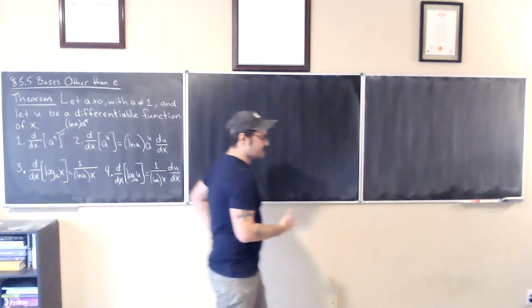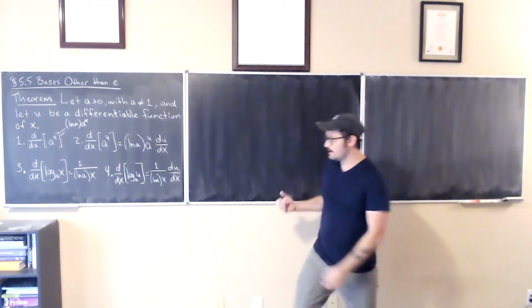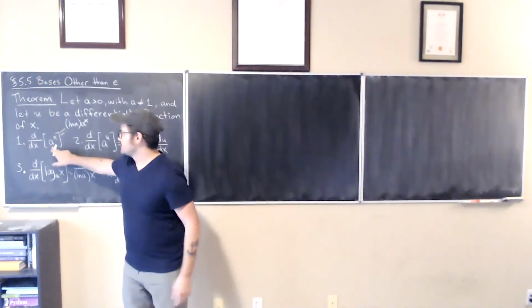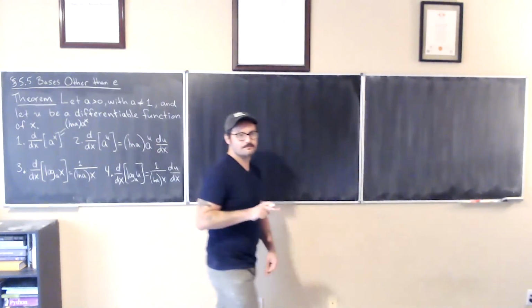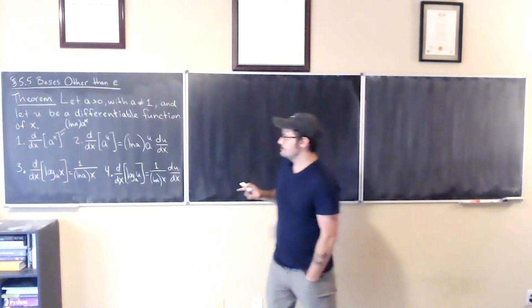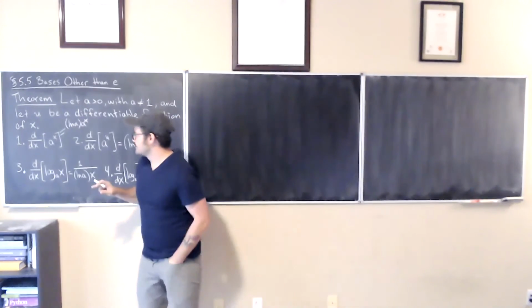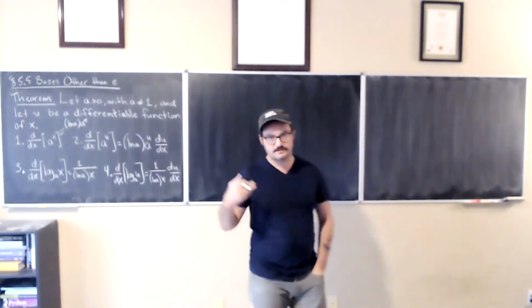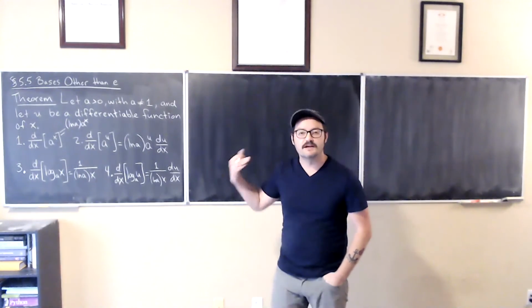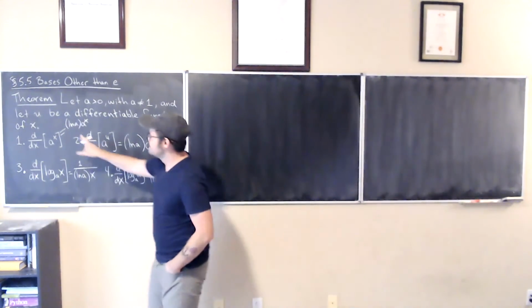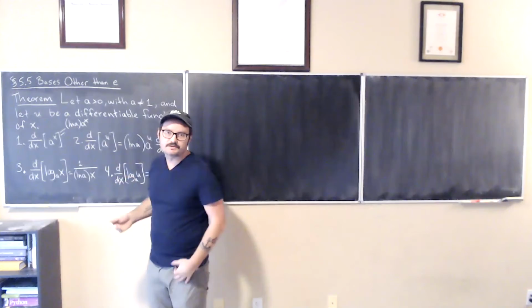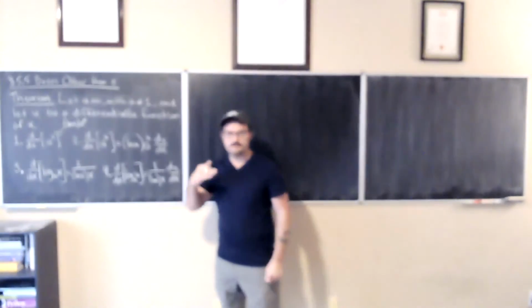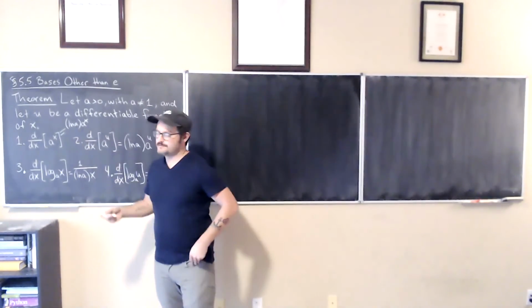And you can derive this based off of how we defined this function. In particular, it was e raised to the power of natural log of a times x, right? What's that derivative? It's the same thing. And I encourage you to go back and verify that.